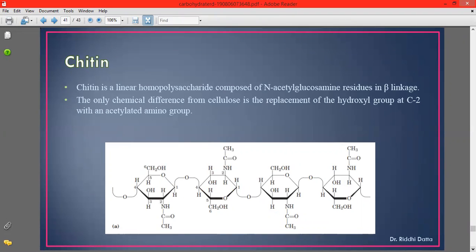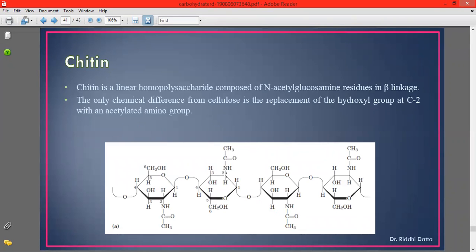કાઇટિન. ઓકે, કાઇટિન જે છે પોલિસેકેરાઇડ, that is a linear homopolysaccharide છે, okay, and that is composed of what, N-acetylglucosamine residues in the beta linkage. અને એના જે રેસિડ્યુઝ જે છે બરોબર, that is N-acetylglucosamine ના, એ કેવા હશે, અનબ્રાન્ચ છે, સળંગ હશે. So the only chemical difference from the cellulose is the replacement of the hydroxyl group at the C2 level.